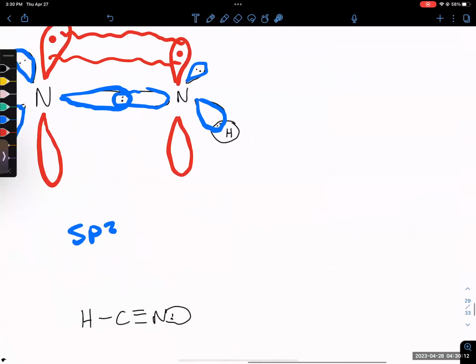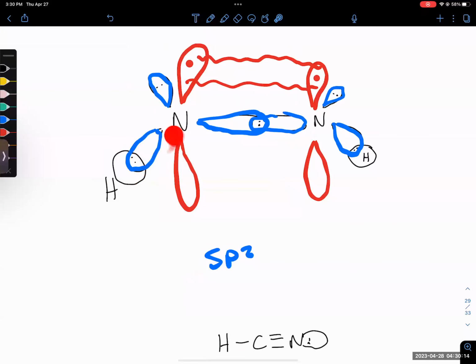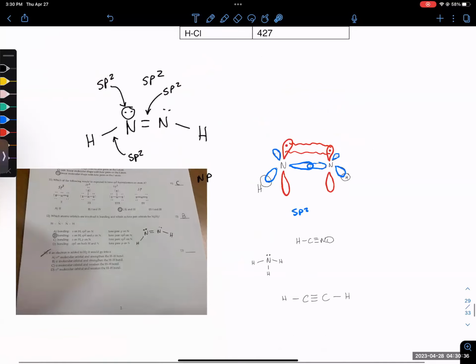Nitrogen is also using blue sp2 orbitals to bond with hydrogen and also to the other nitrogen, because we see there's a double bond there. So nitrogen is using an sp2 hybrid orbital to bond to the other nitrogen. It's also using a p orbital to bond to the other nitrogen atom, which gives it that double bond we've been talking about.